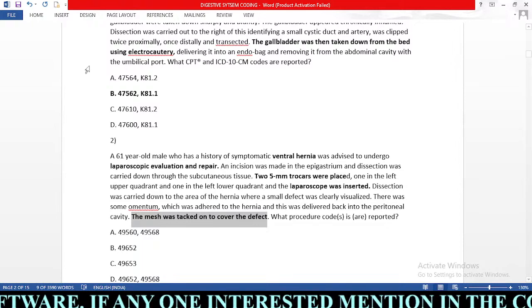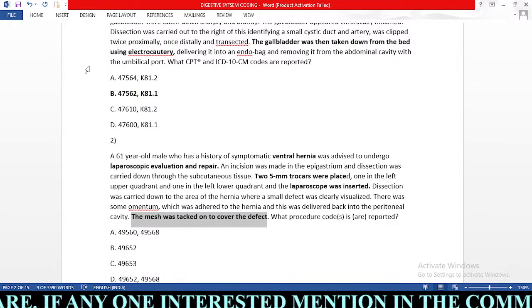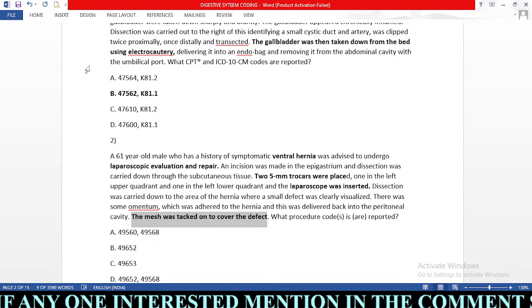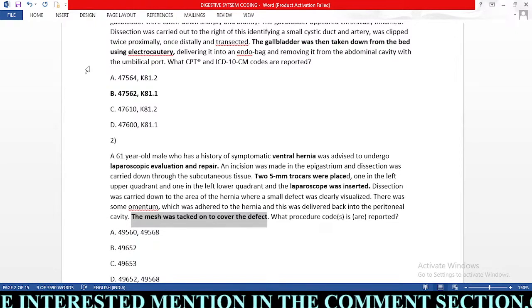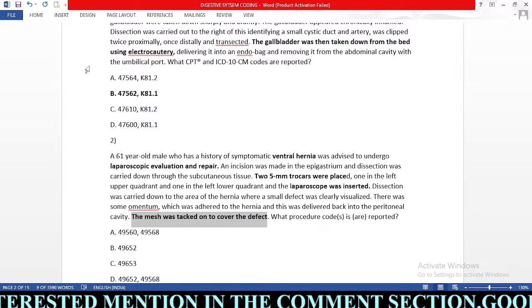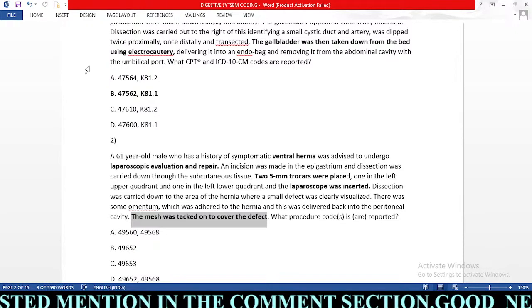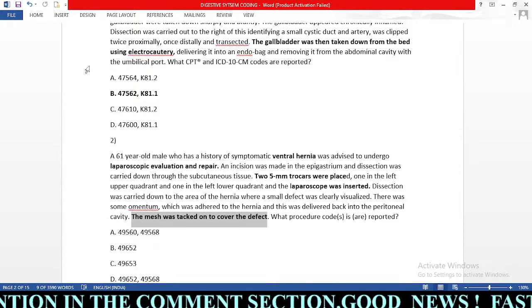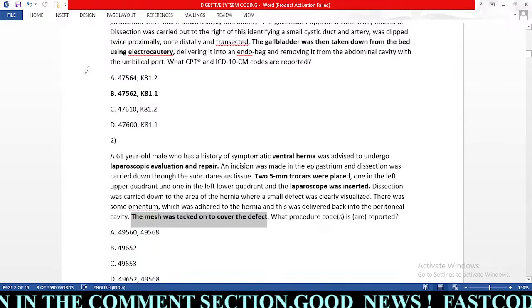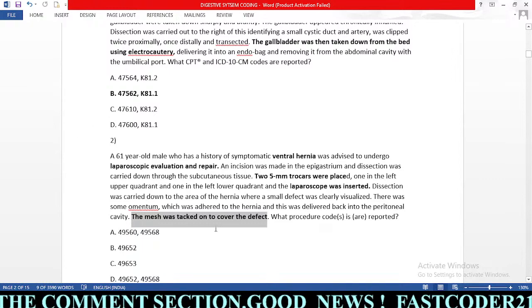Why? Because 49560 is an open procedure. But based on our documentation, the physician performed a laparoscopic procedure. So 49560 is wrong. You can directly eliminate that. And C, 495, we will check 49562.